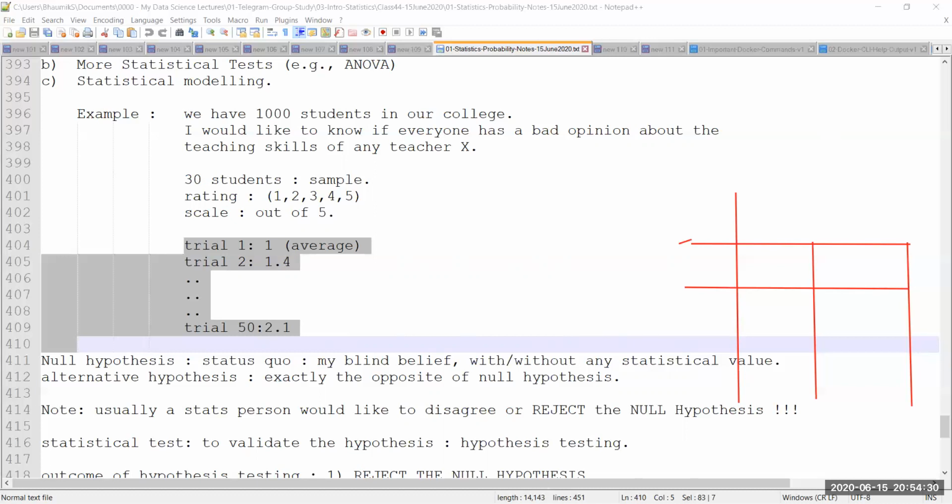So let me just create the table in a proper way as much as I can, and then we are going to look into a very interesting thing over here. Let me just take the eraser and try to move this, and I'm going to have a table which is something like this.